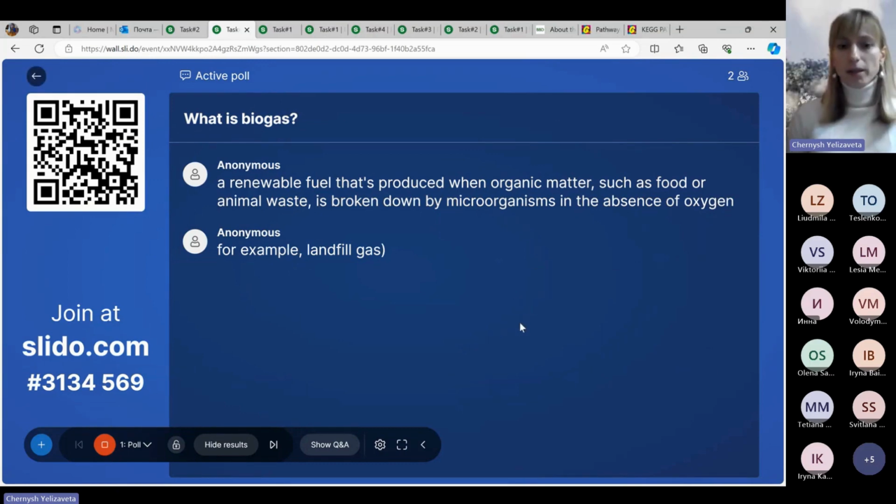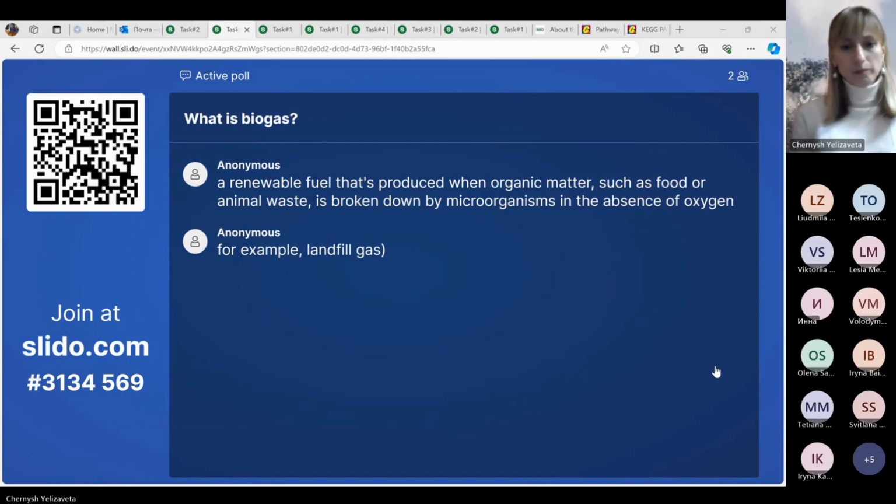Okay, waiting, maybe others can write. About landfill gas, yes, it's a type of biogas because it's formed in anaerobic conditions in a municipal waste landfill.